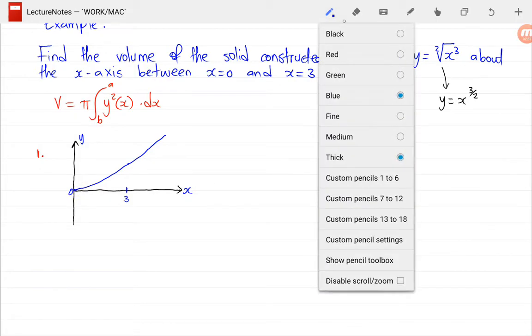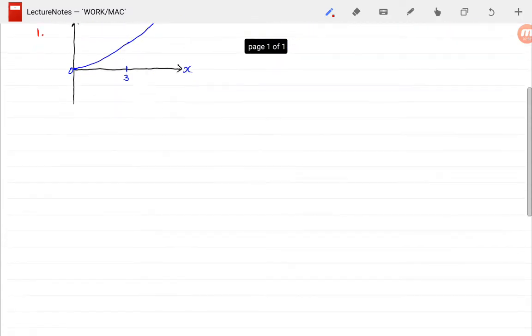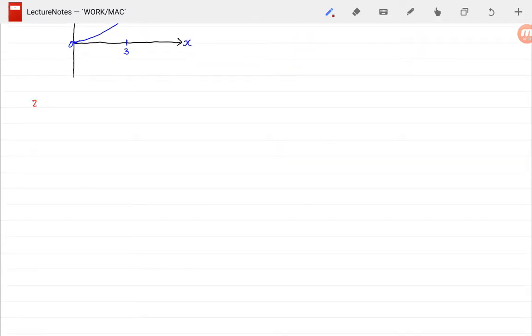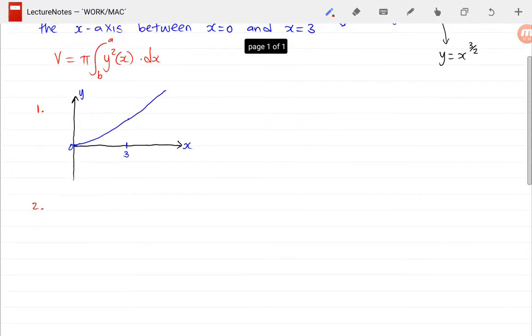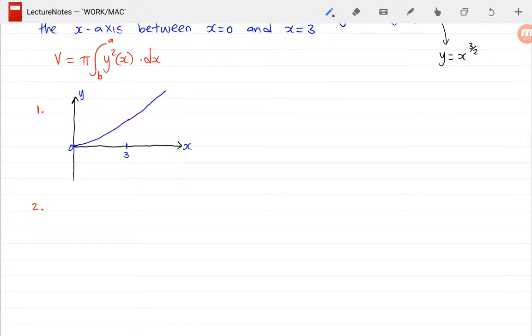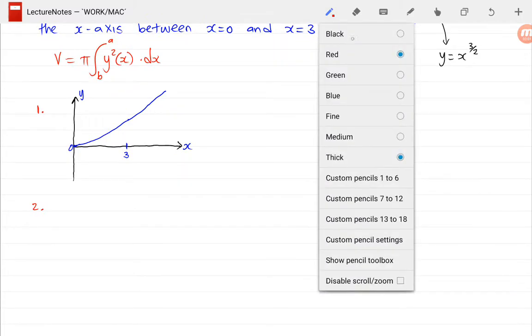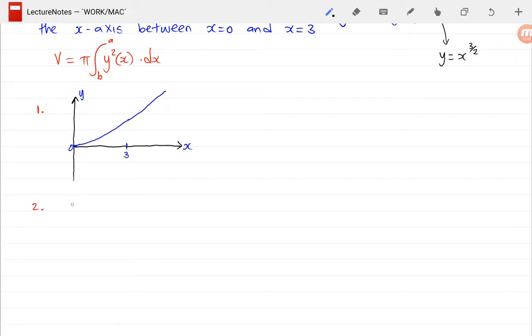Okay, so the next step is we want to feature our formula there. We're just going to write this plainly. I'm going to use black. We're going to have our volume equals pi times the integral of y squared.